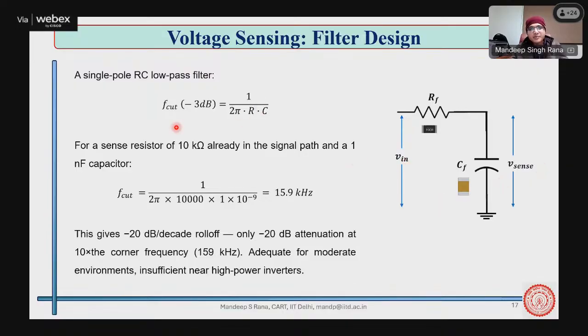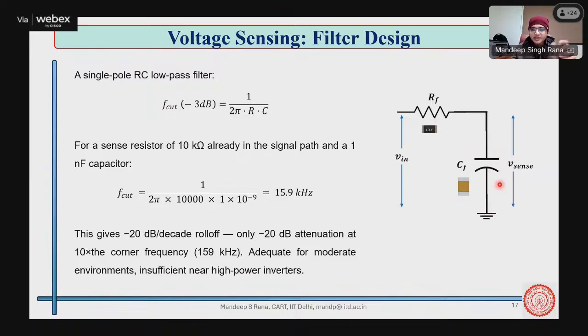And the design principle is very simple. You take 1 by 2 pi RC as the cutoff frequency or the filter frequency, and then you pick some resistance value which is in tens of kilo ohms, because you do not want a lot of current flowing over here. So suppose you are dealing with a 4 volt battery cell. 4 volt divided by 10 kilo ohm will give you a very small current, and that is workable for us to take that much current.